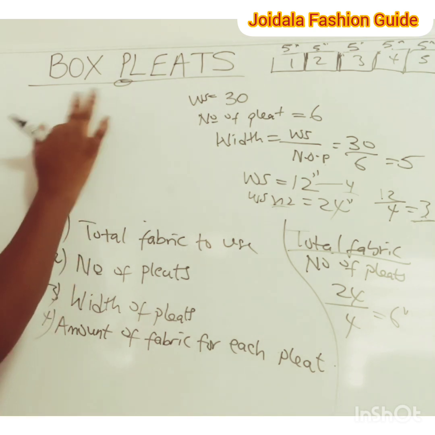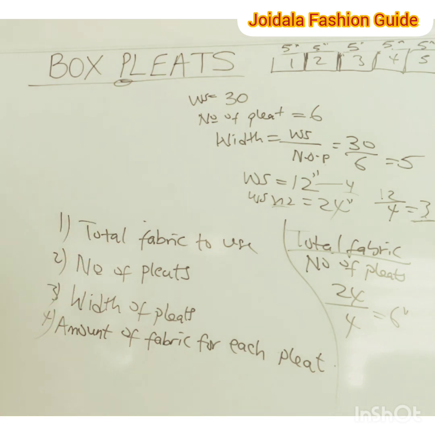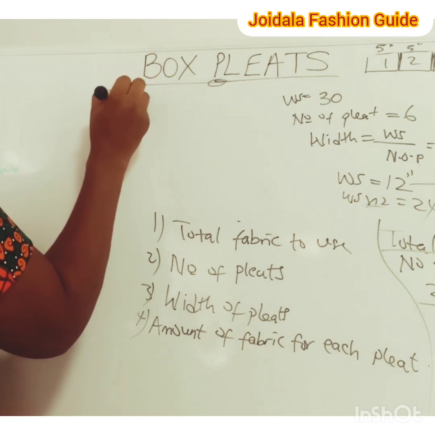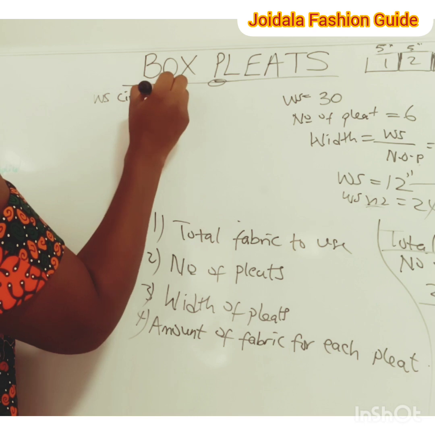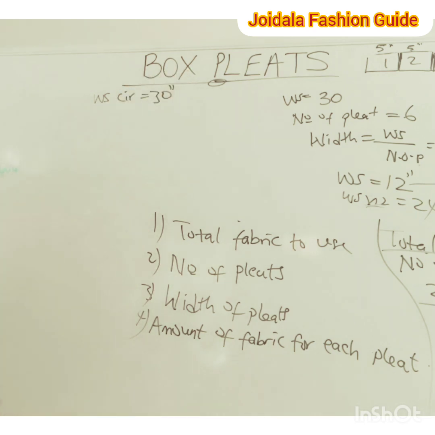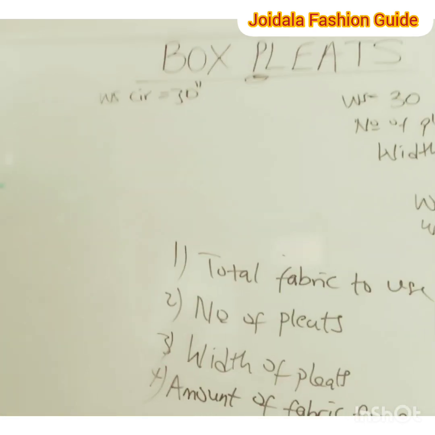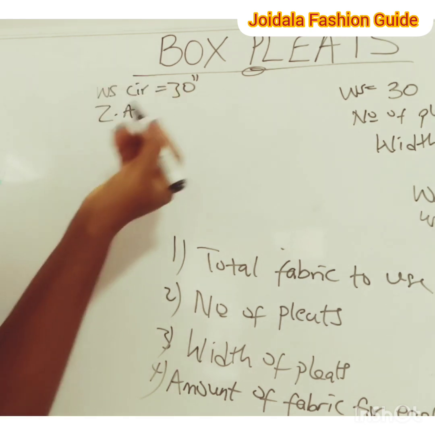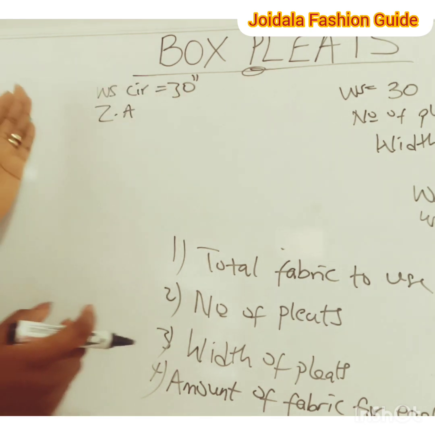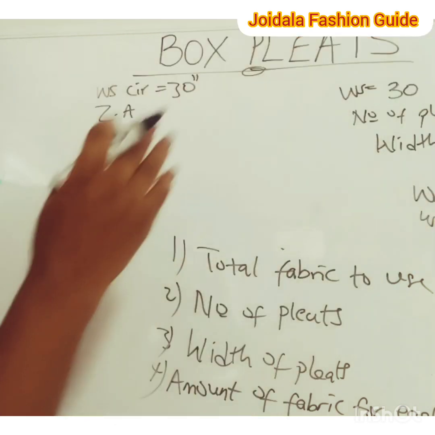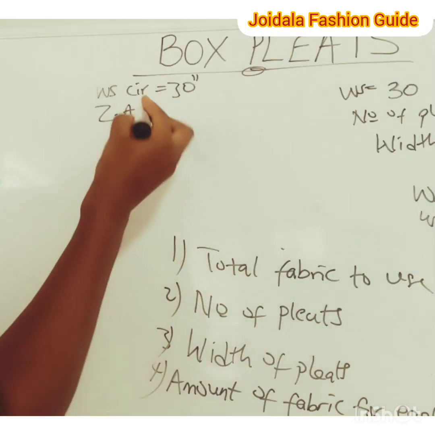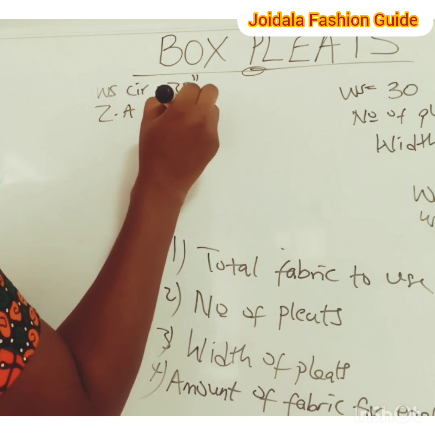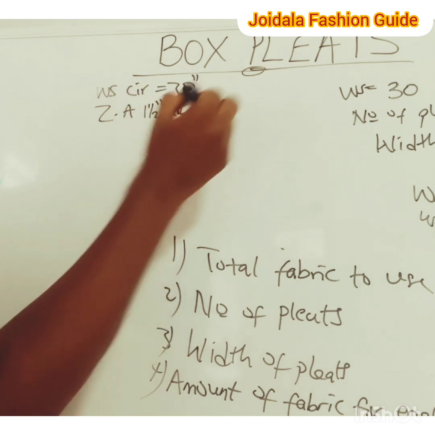Now, assuming I'm working with a waist circumference of 30 inches, then I'll consider my zipper allowance. I want to have a zipper allowance of 1.5 inch on each side of the skirt, 1.5 each, making 3 inches.